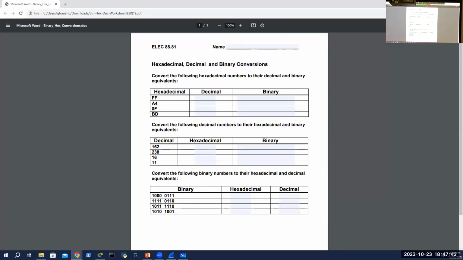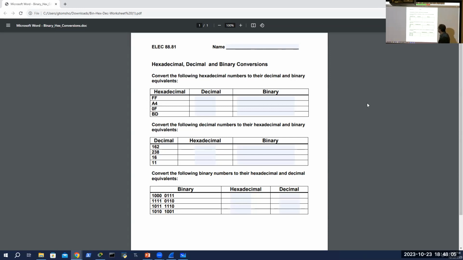Again, I'm not asking you to turn this in. This is just for your own edification. If you feel comfortable with this, you don't have to bother doing them. But if you don't, I would go through the process just like we did.